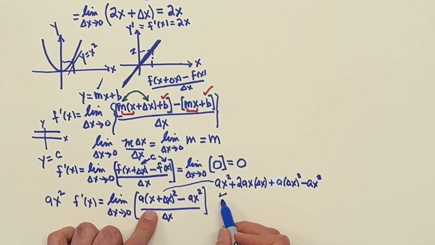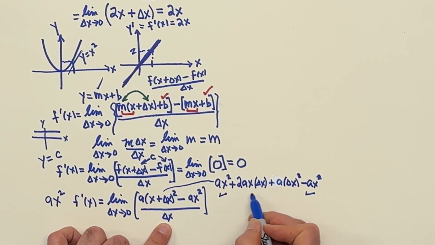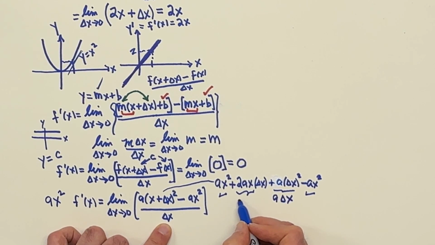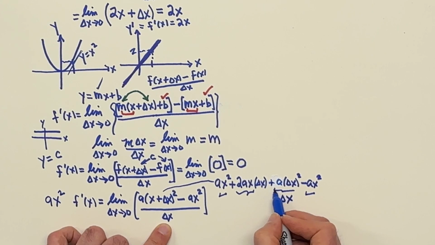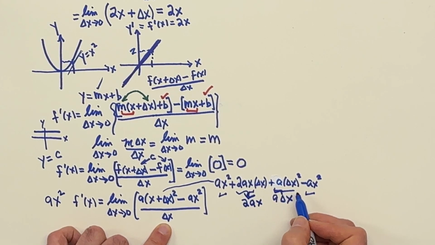So ax squared would cancel ax squared, and the delta x would go into this first term, leaving the 2ax. The delta x would go into this term, and that would leave an a times delta x. So this one would become 2ax.